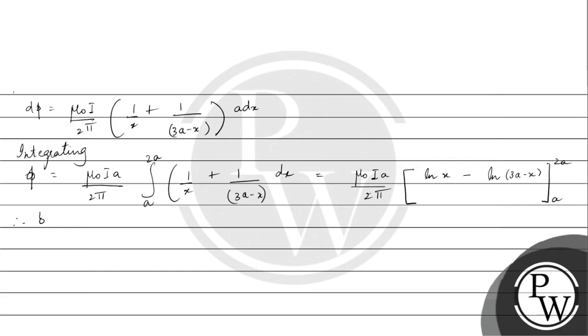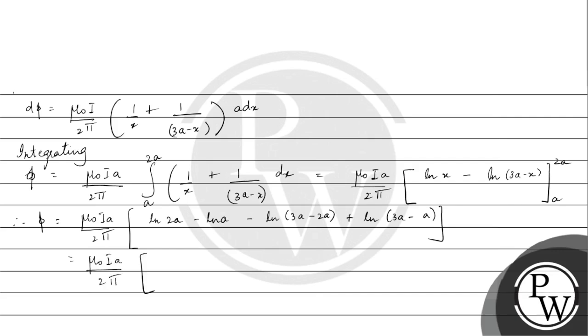So therefore phi will be mu naught I a by 2 pi into ln 2a minus ln a minus ln 3a minus 2a plus ln 3a minus a. So this comes out to be 2 ln 2a minus 2 ln a.